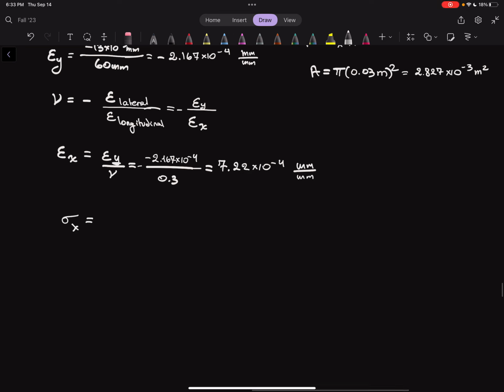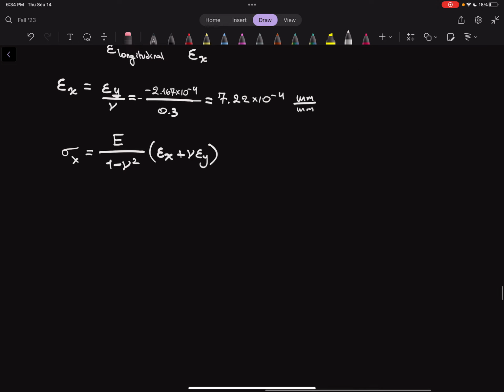We can use the generalized formula of Hooke's law, which uses the superposition principle, to say that sigma x equals E over 1 minus Poisson's ratio squared, I'm just reading the x line, times epsilon x plus nu epsilon y. And there's nothing in the z.